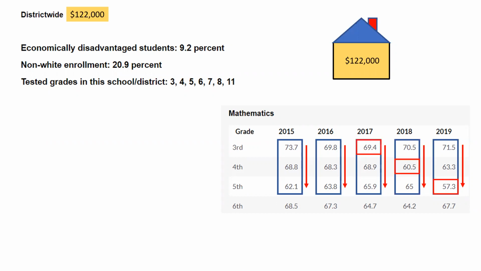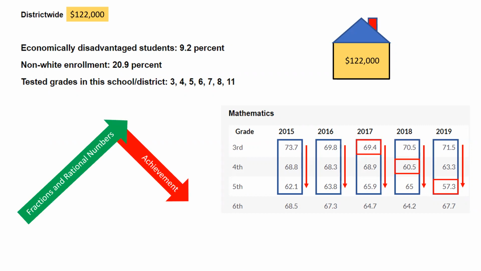Even these school districts, if we look at it from the cohorts as well, 69 to 60 to 57, even in really affluent areas where districts will say, oh, we need to go watch them and see what they're doing so we can do what they're doing. Even they have that same trend, they're unable to stop the slow drip of when fractions from rational numbers goes up, student achievement goes down.